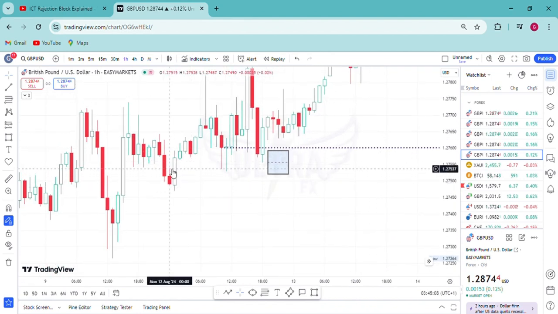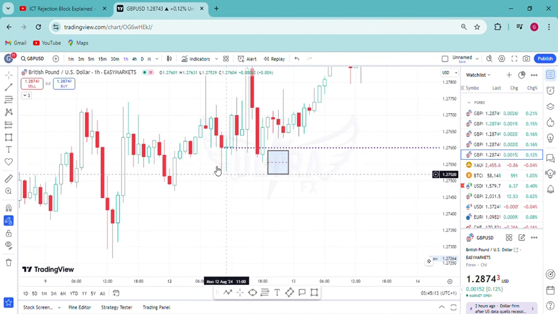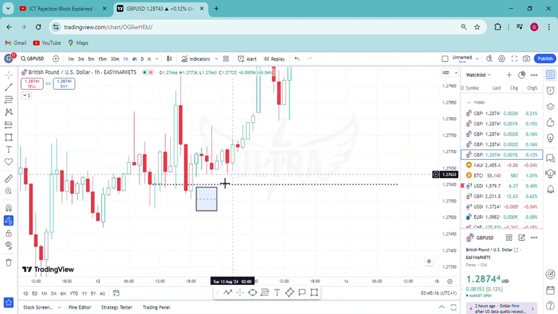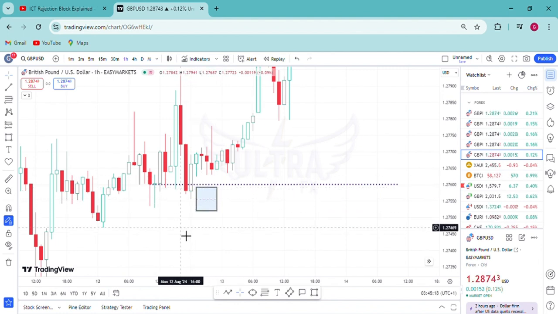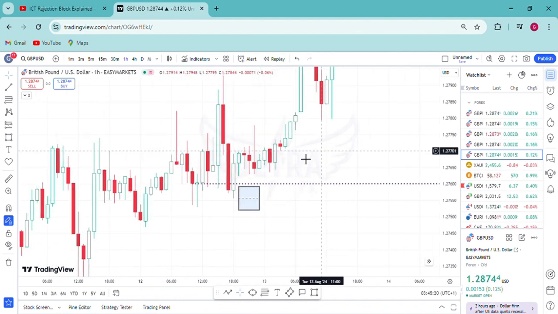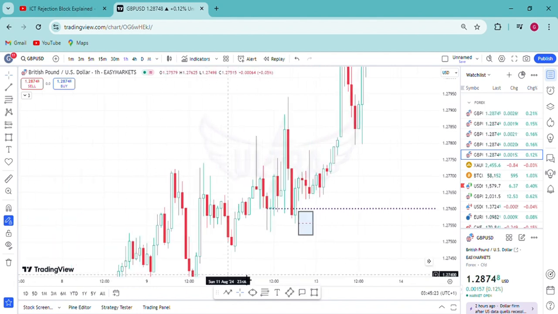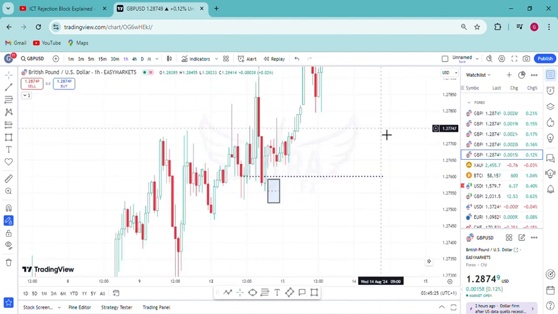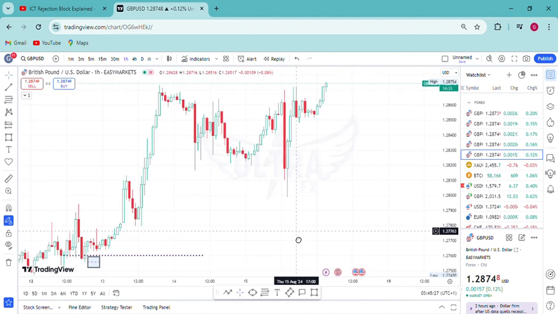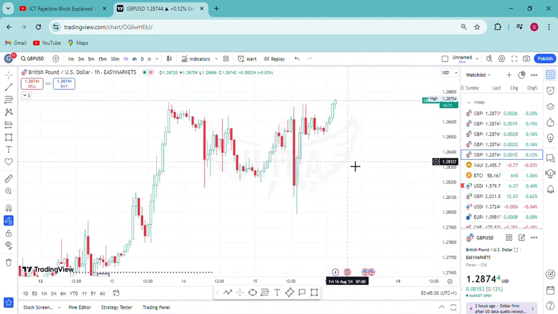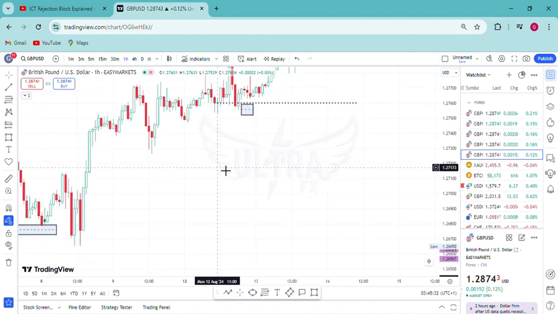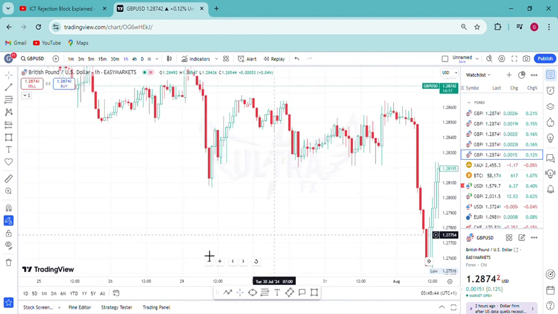You can see from a fair value gap we have a rejection block, and after this rejection block we have price coming down here, not to pass that zone but to give you another entry to the upside with a rejection block. We have many cases, but rejection blocks are quite rare to find, like our mitigation block.